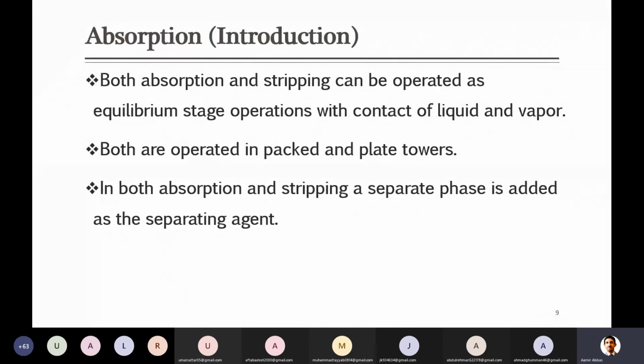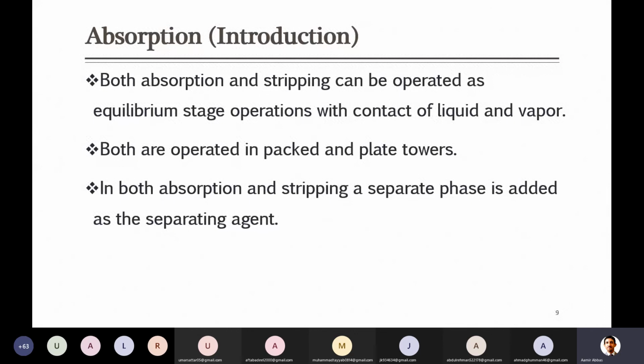The small difference with respect to distillation is that, although we use packed or plate towers in absorption and stripping, we always introduce a separate mass separating agent, which is not usually introduced in distillation.